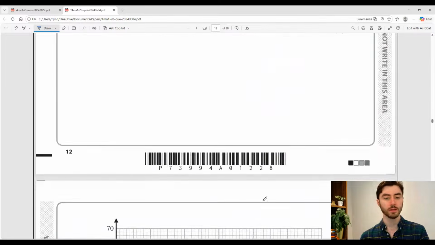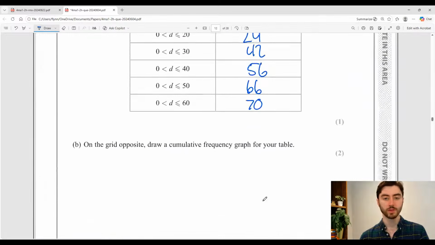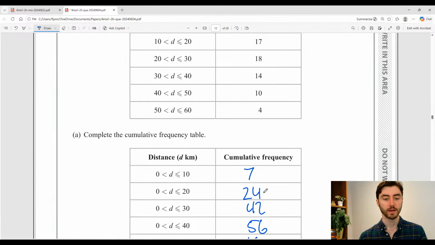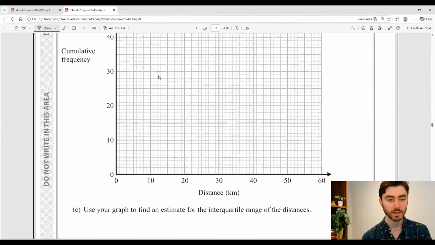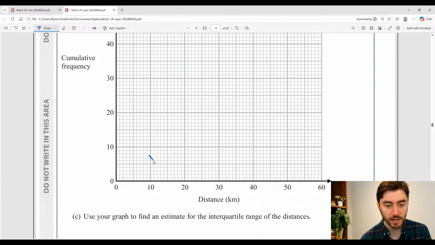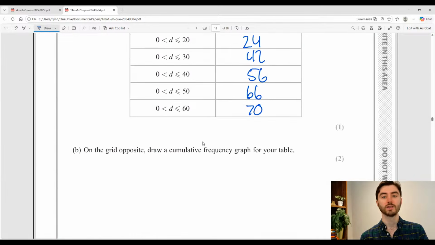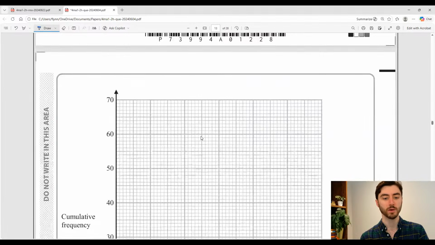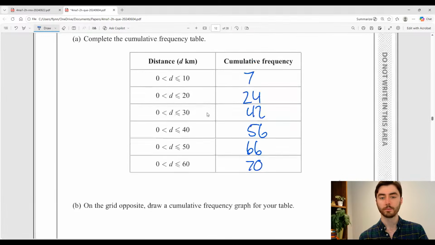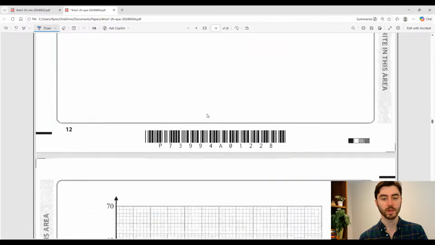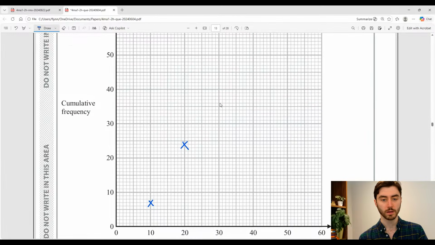So now, drawing the cumulative frequency graph, there is 7 at 10. So at 10, we've made it up to 7, which is here. At 20, we've made it up to 24, which is here. At 30, we've made it up to 42, which is there.